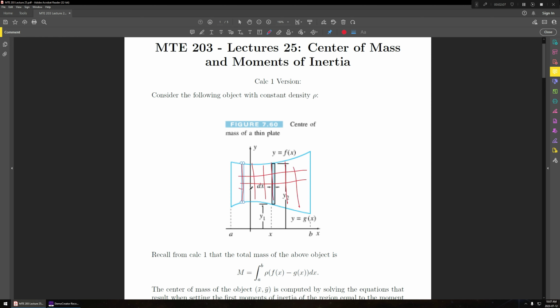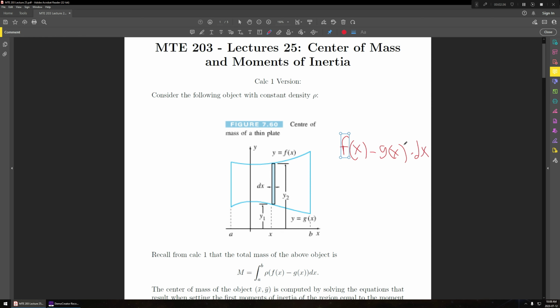Then I want to compute how much stuff is in each one of these little squares. The way I do that would just be integration, right? So how much stuff is in this little rectangle? Well, it's going to be the height of the rectangle, in this case f of x minus g of x, multiplied by the width, in that case my delta x, or my dx if I take it in the limit.